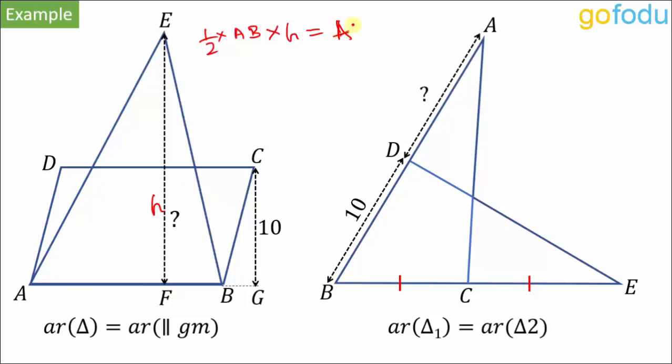Base is AB into height is given to us as 10. AB gets cancelled, H will come out as 20 units. So if a triangle and a parallelogram are on the same base and they have equal areas, then the height of the triangle will be twice the height of the parallelogram.